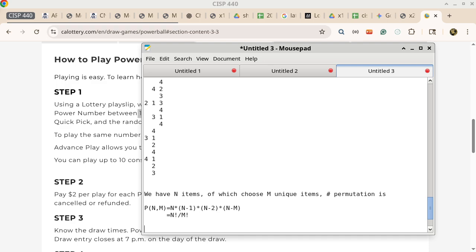And then the next item is going to be n minus m itself. So we have n minus m all the way down to 1, but this portion is n minus m, the whole thing factorial. So I think this is correct because we are choosing m of those. So I think that is correct.